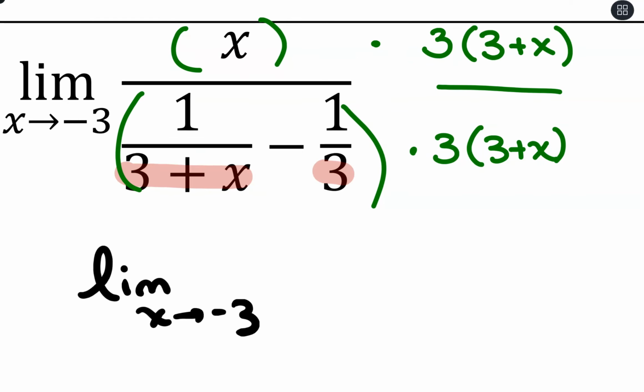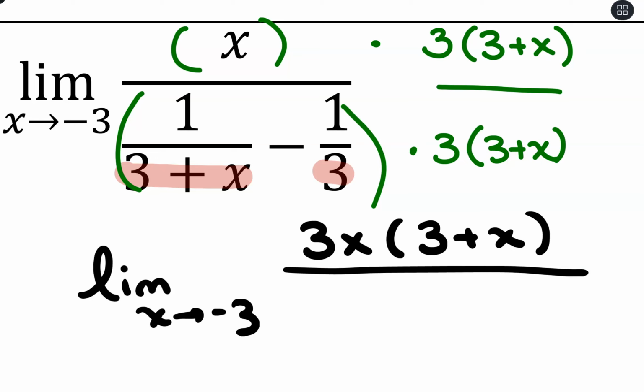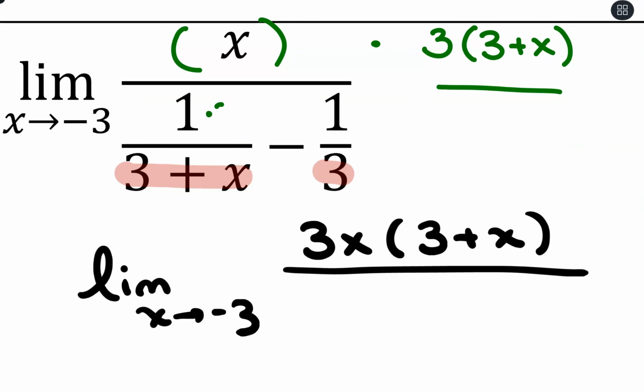Up in the numerator, we're going to have a 3x times 3 plus x. Down in the denominator, what's going to happen is that 3 times 3 plus x distributes in. Let's go ahead and write that at this stage, where basically this gets multiplied by 3 times 3 plus x. This gets multiplied by 3 times 3 plus x. So we'll get these nice cancellations.